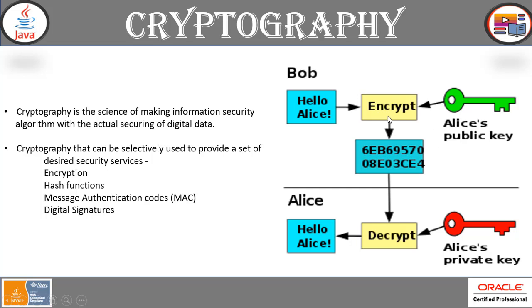This key will mix with the message and be sent to his friend Alice, and it is going to be decrypted, a kind of encoding and decoding, with a private key added to make it more secure. Alice will get the message from Bob as actual text which she can understand, decrypted by the machine on its own with the help of this algorithm. So cryptography makes this kind of system where you can send your friend a message in a secured way.